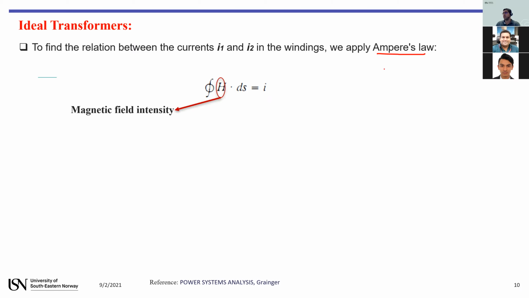For each path, suppose that you have a path where we have flux, or we can use H, which is the magnetic field intensity.